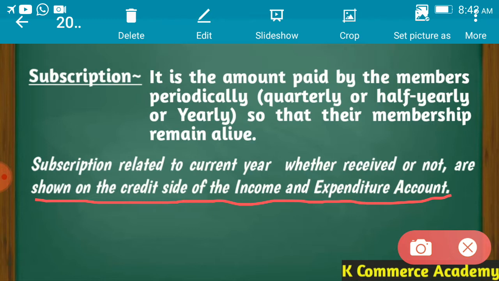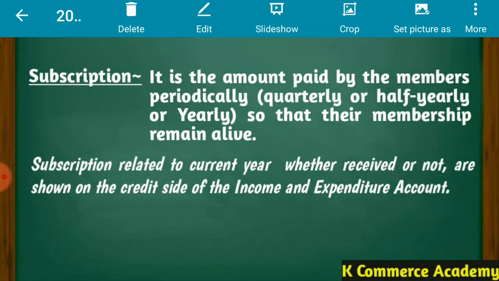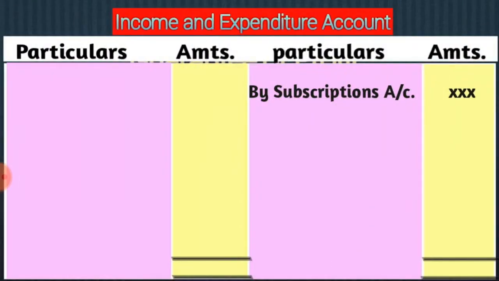Now we have to understand in detail how the amount of subscription is to be calculated. In the income and expenditure account it will be shown on the credit side.